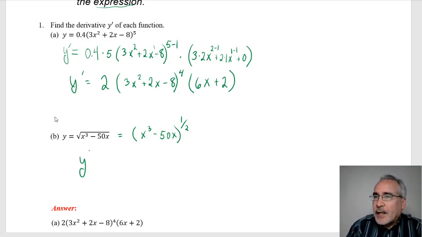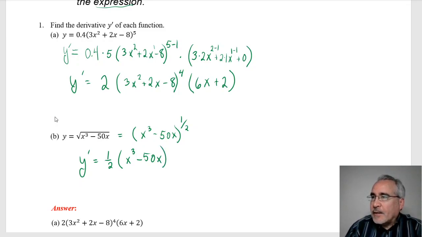So y prime, the 1/2 comes down in front, so we have 1/2 times x to the third minus 50x. 1/2, I'll do that over here so we can kind of clean it. We take 1/2, we subtract 1 from it. Let's subtract it as 2 over 2, so that's a negative 1 over 2. Negative 1/2.